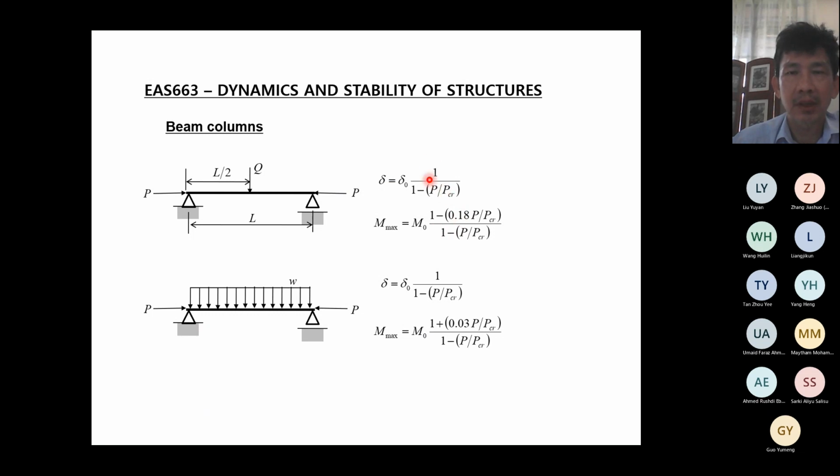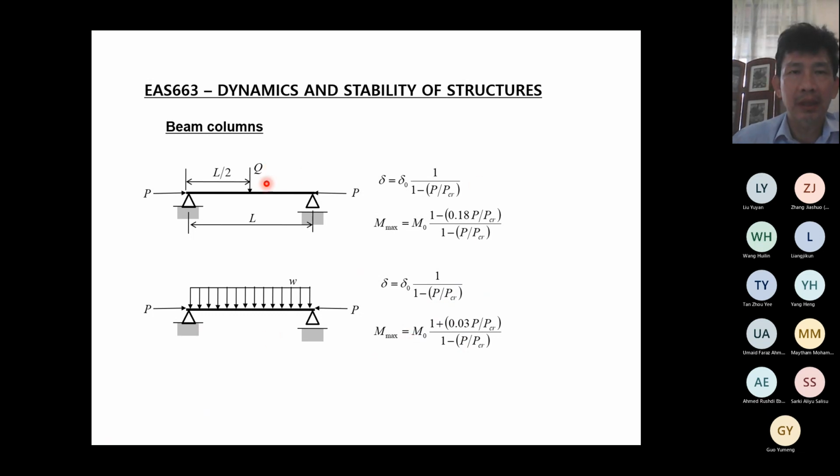Once we get this first amplification factor for deflections, then we can get the amplification factor for bending moment. The same thing we get for this case.